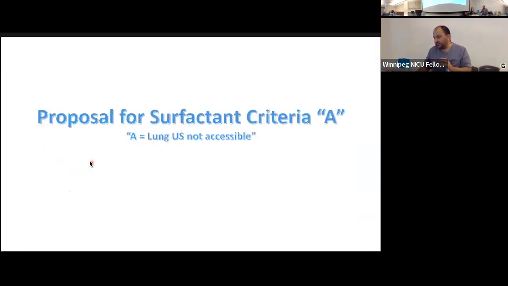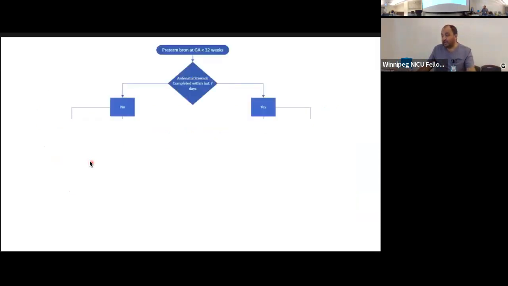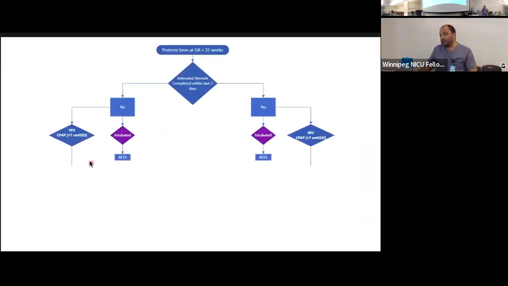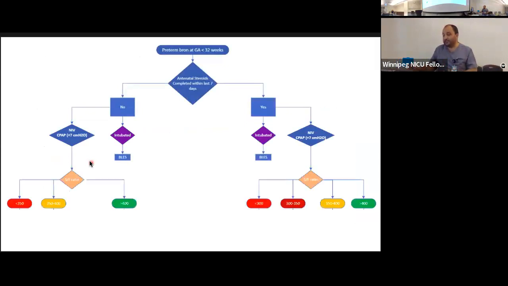And based on that, I suggested an algorithm for making decisions about surfactant. Considering I don't have a lung ultrasound, I took only one parameter from the antenatal history, which is antenatal steroids, yes or no, whether the baby is intubated or on non-invasive support, and I considered a CPAP level of 7 to calculate the SF ratio.